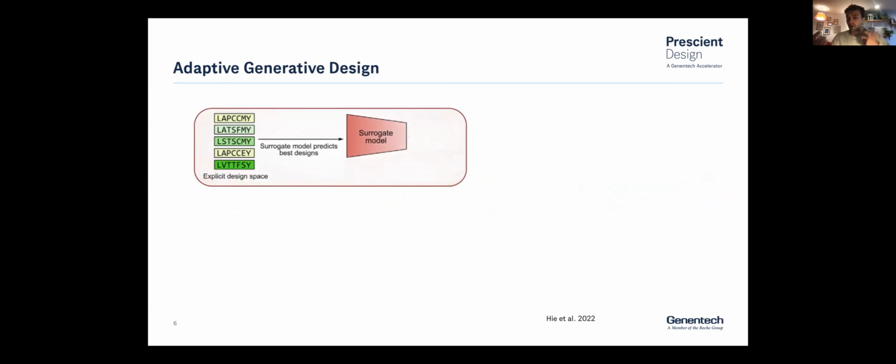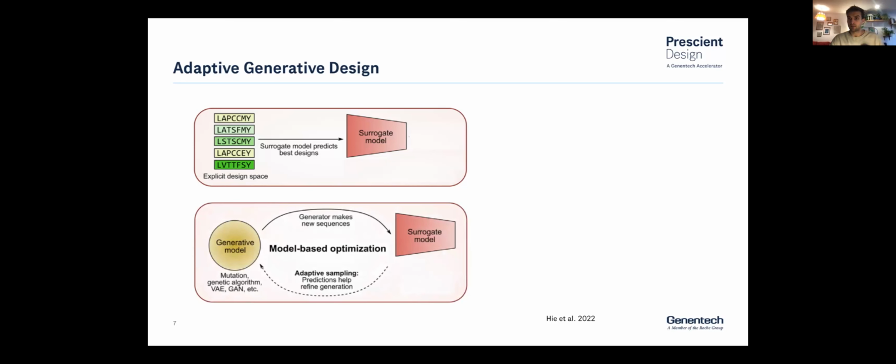The most naive way that we might conceive of doing this kind of adaptive generative design is just taking a huge library of proteins or mutations and training a surrogate model to predict the thing we care about, and then ranking the mutations or the library based on this surrogate model.